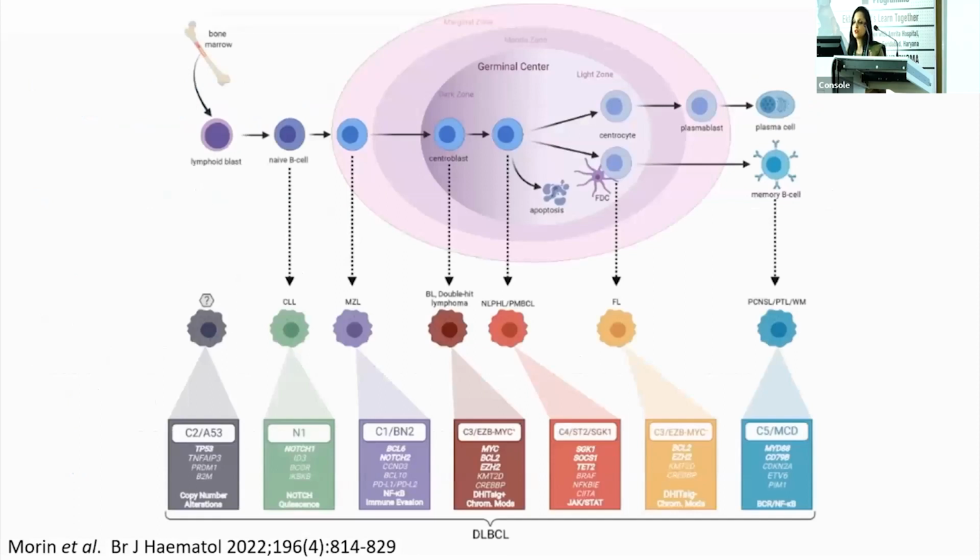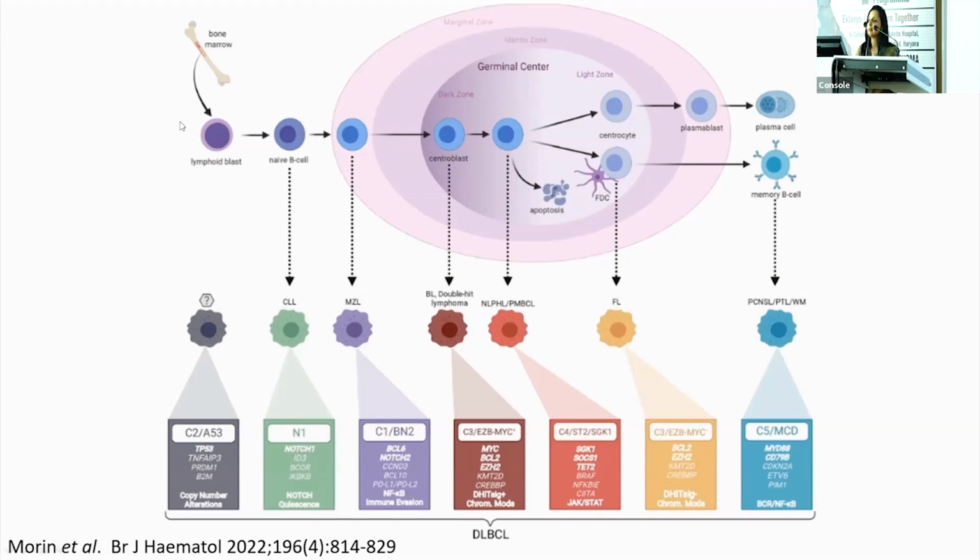This is again just to show you the same thing: the genomic profile of CLL, and the N1 which is matching the marginal zone, and the BN2 which is matching, and similarly the other groups.